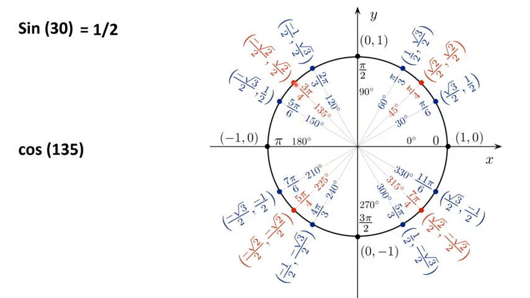Ang coordinates niyan ay negative square root of 2 over 2 and then square root of 2 over 2. So therefore, since ang cosine theta is x coordinate, what is the value of cosine 135? That will be negative square root of 2 over 2. Kasi yun nga po yung x coordinate ng 135.